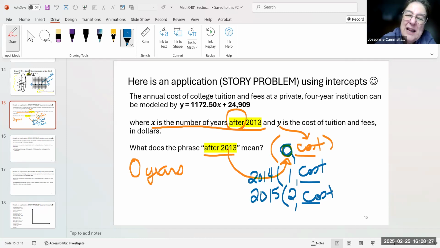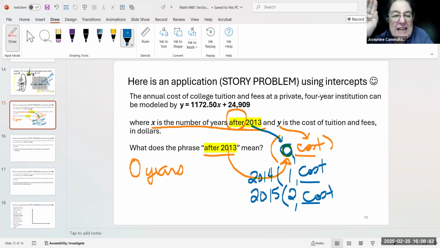This 0 is the year I start. But remember, if we start in January, I have to go 12 months to collect information.